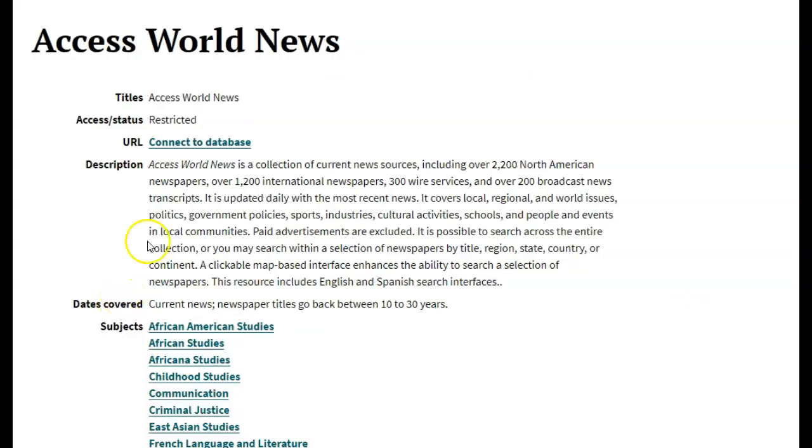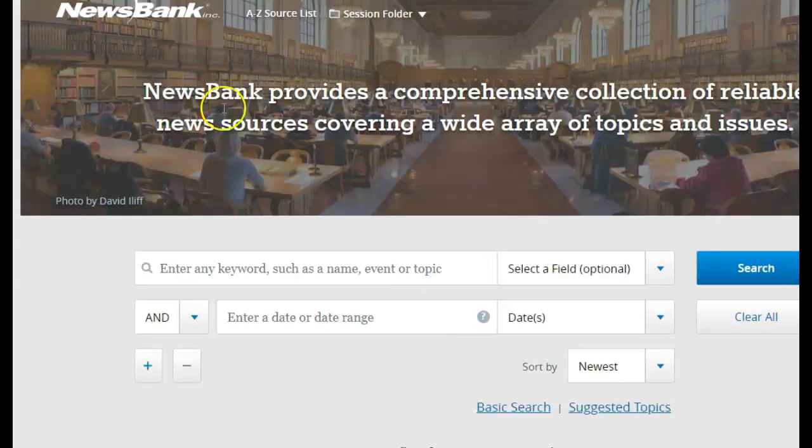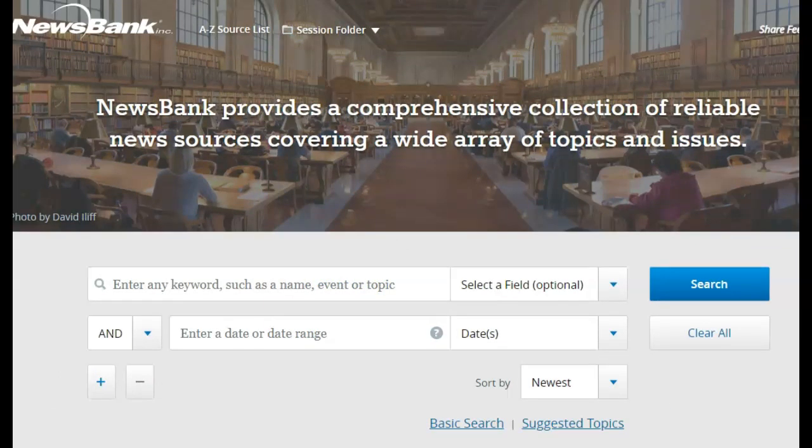With that in mind, let's dive into Access World News. So Access World News is an article database.